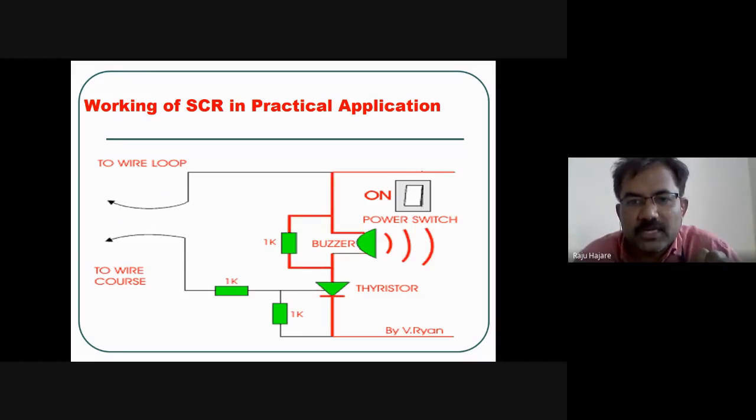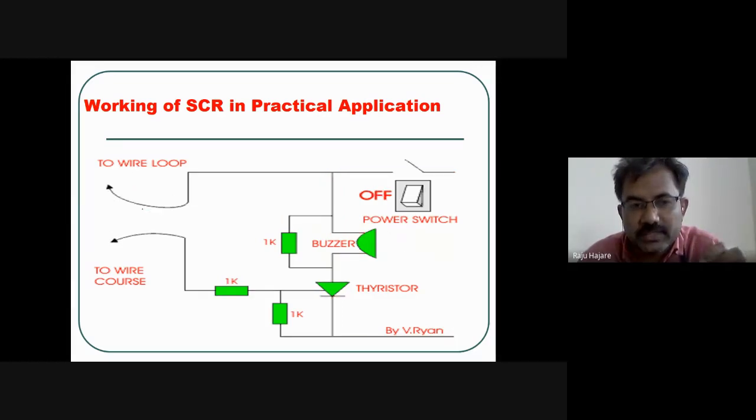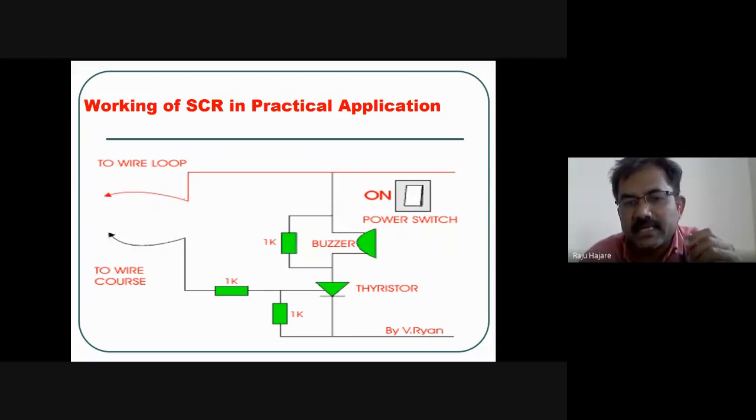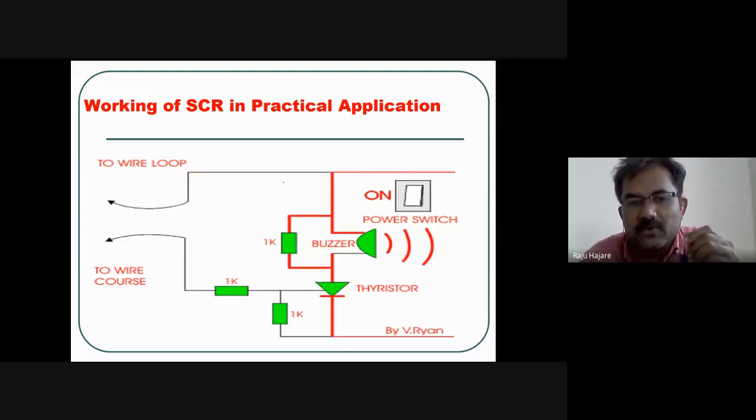There is a path for the current flow. On the left-hand side, two wires get connected, complete the loop, and there is a path for the current flow.